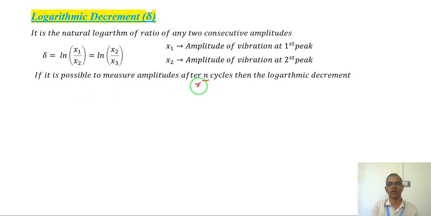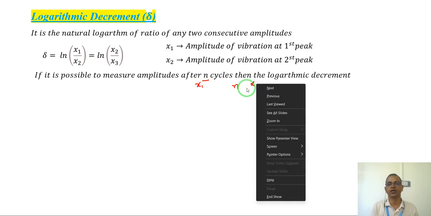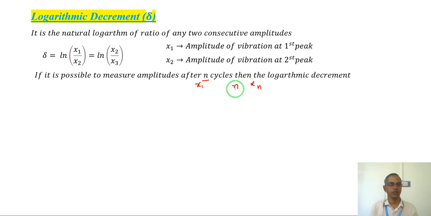Initially it was some x1, and then after 6 cycles or 7 cycles or n cycles, I have xn. Then the logarithmic decrement for that is delta equal to 1 by n ln of x1 by xn. So how do we see the proof of this?